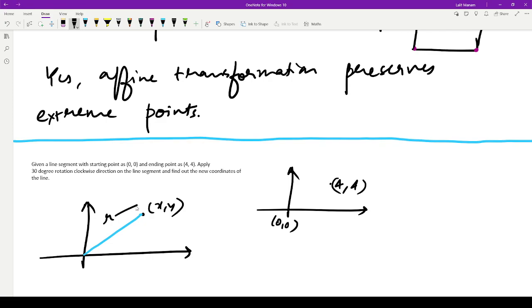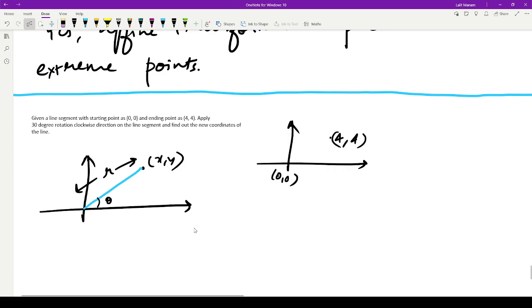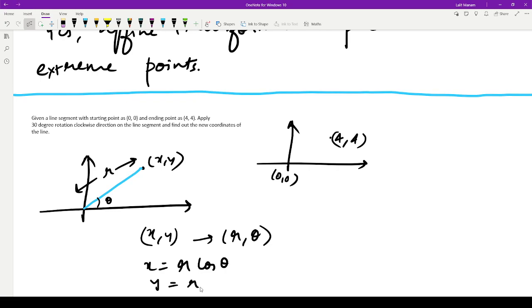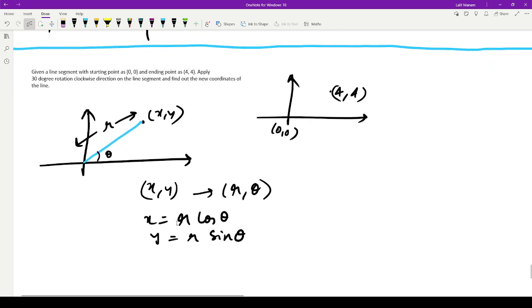This distance is r and this angle is theta. So x comma y can be written as r comma theta, where specifically x is r cos theta and y is r sin theta, right? Everyone agrees with that? Okay, that's good.